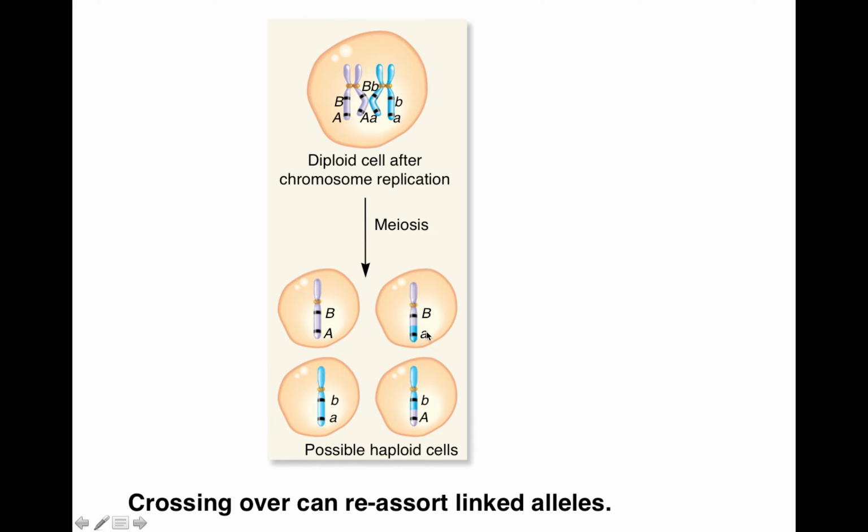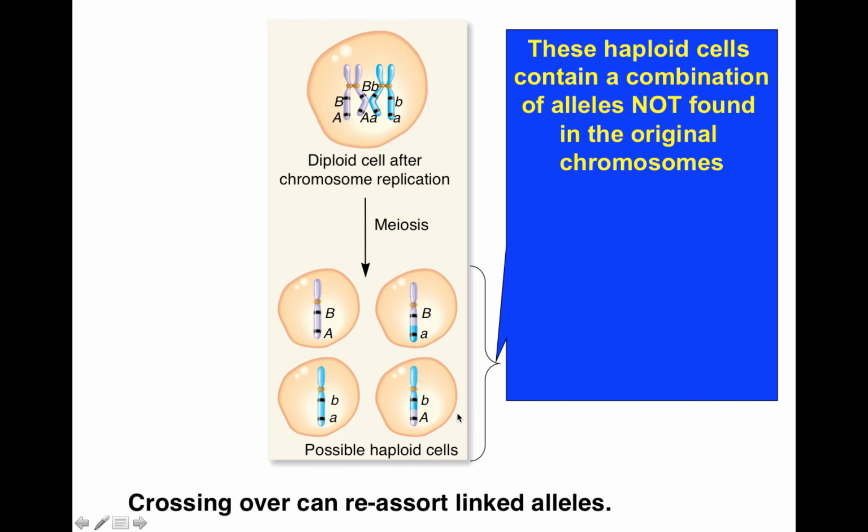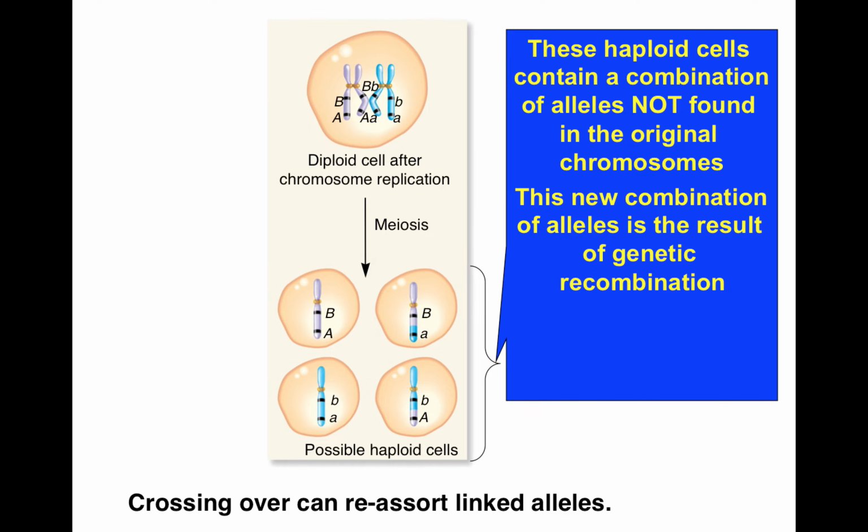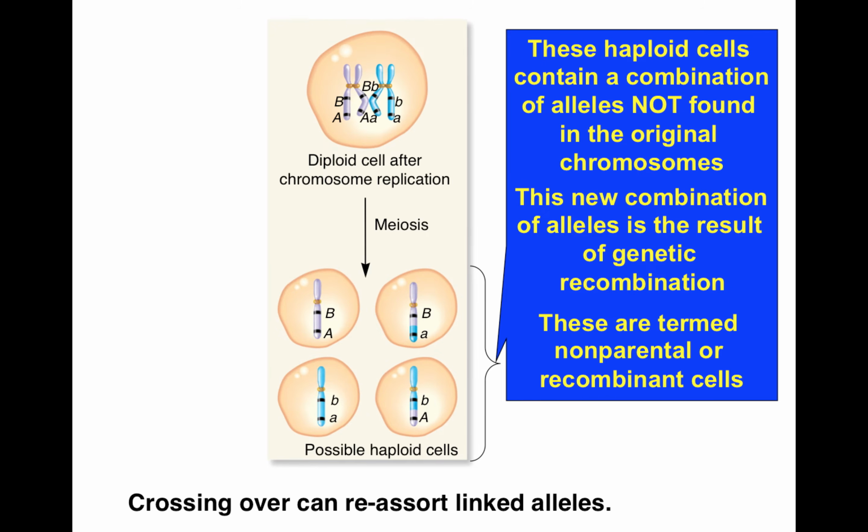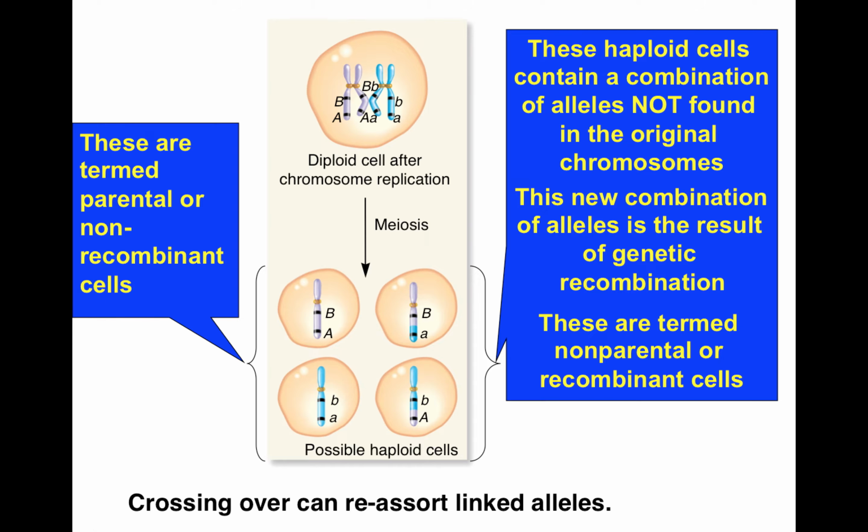We have one dominant and one recessive allele now. These two cells are the recombinant cells. They contain a combination of alleles not found in the original chromosome. The new combination is the result of genetic recombination, and these are termed the non-parental or recombinant, whereas the other two are called parental or non-recombinant.